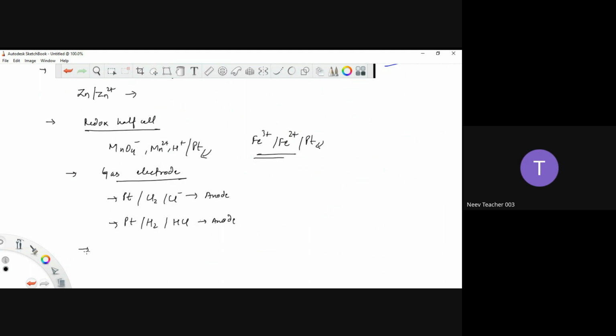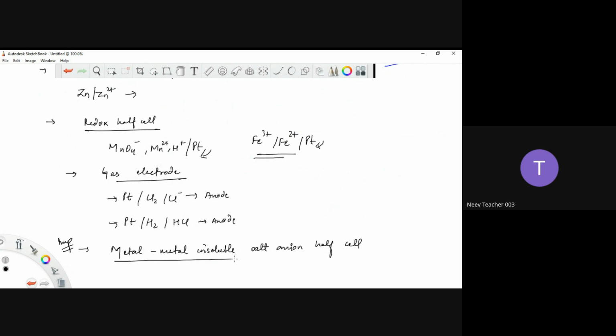Then comes the important one, very important, and this is challenging for most students. What is it? Can anyone tell me what I'm talking about? The fourth type of half cell: metal insoluble salt anion half cell.